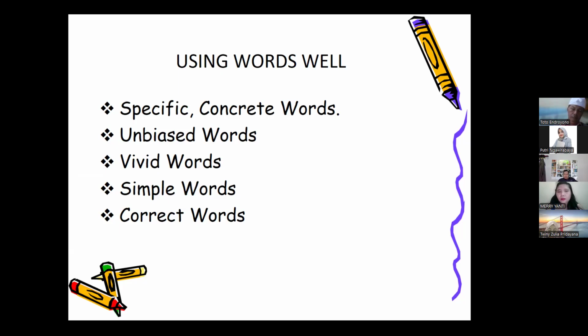Unbiased words speak fairly and respectfully about people, gender, race, religion, and so on. For example, firefighter instead of fireman, or police officer instead of policeman. And vivid words are words that create a strong image or emotion in the listener's mind.